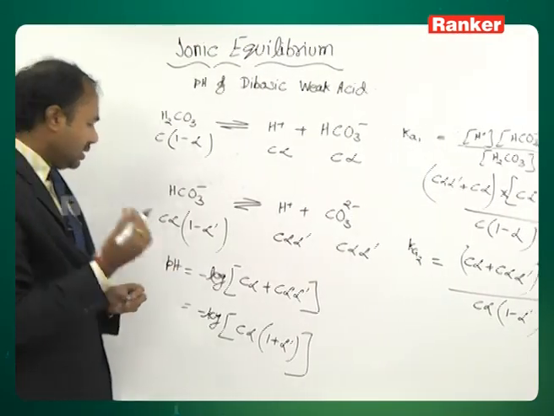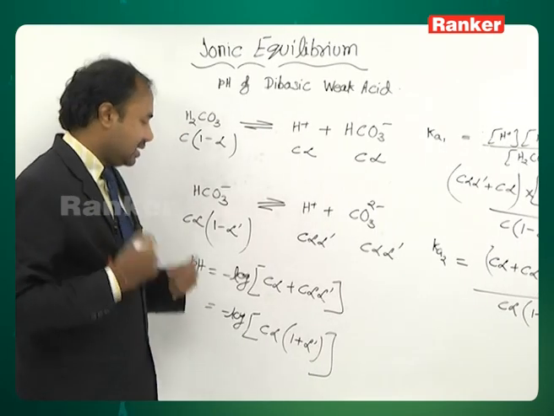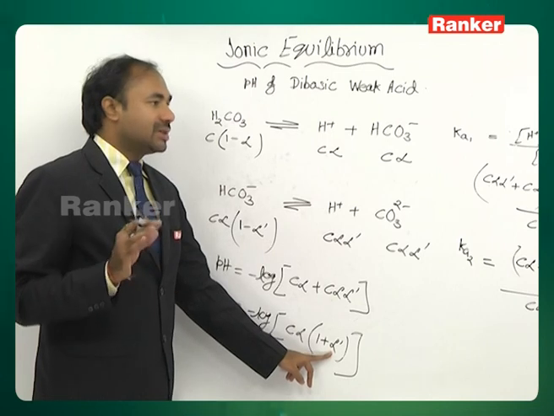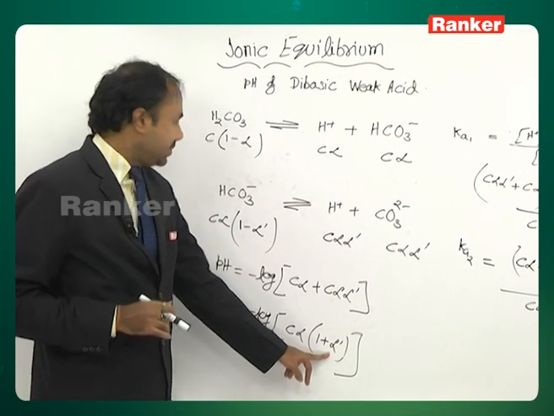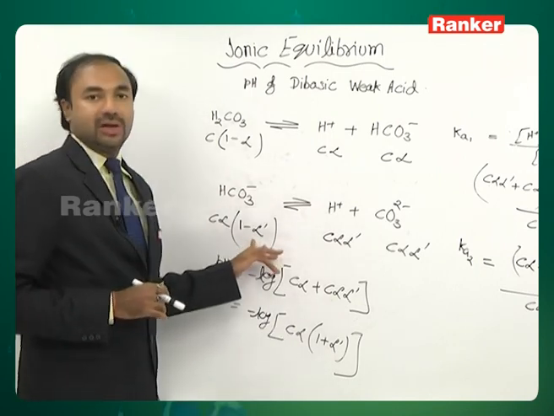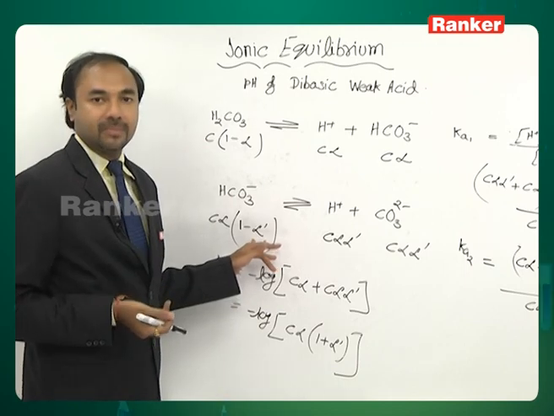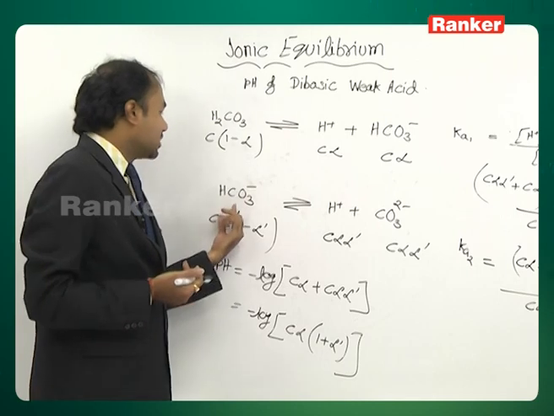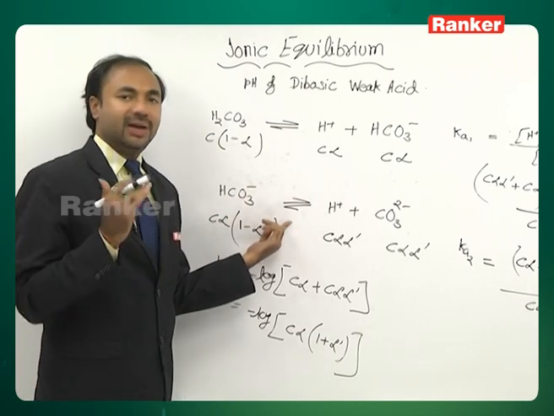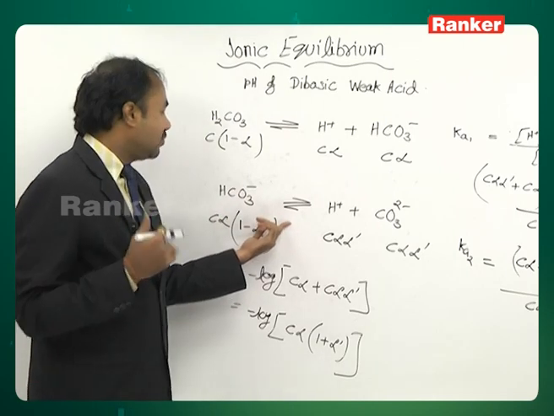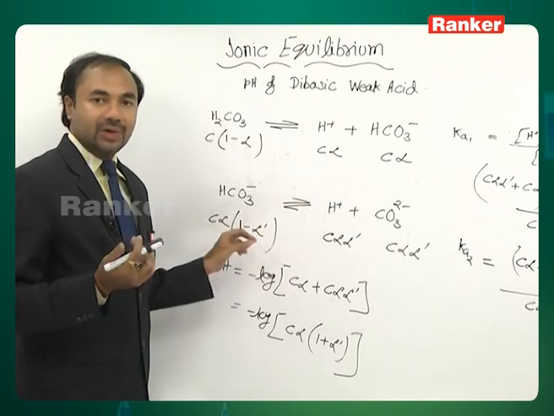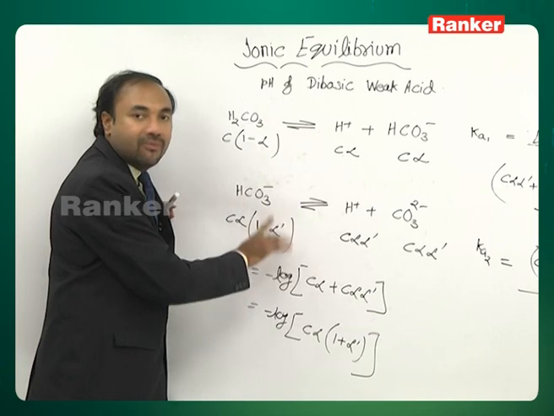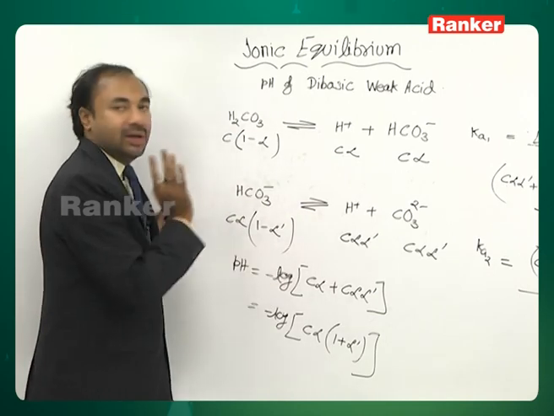Now, one small suggestion here. Usually, in 95-99% of cases, the second dissociation is negligible. For weak dibasic acids, the second dissociation is negligible. Very, very little dissociation is there. So, what happens in those cases? In most cases, the second dissociation, meaning alpha dash, will be negligible as compared to 1.